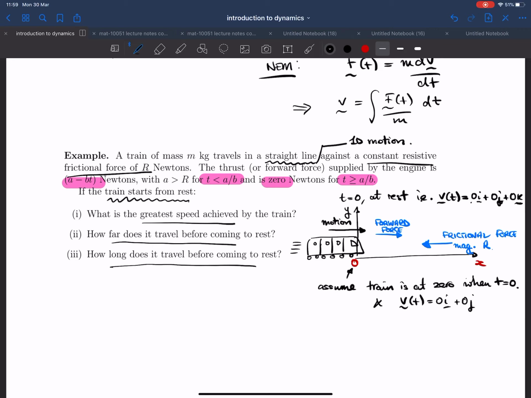Plus 0j plus 0k. Now, clearly, our train moves in the x direction, no other direction, in the positive x direction.